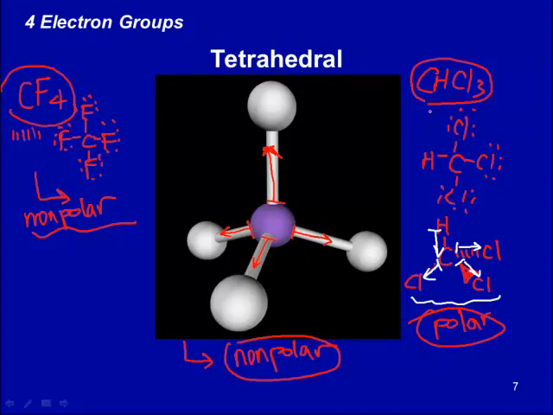But when you switch to CHCl3, you have to look at the details. As I always said, the devil is in the detail. So in this case, the CHCl3 will be a highly polar molecule.